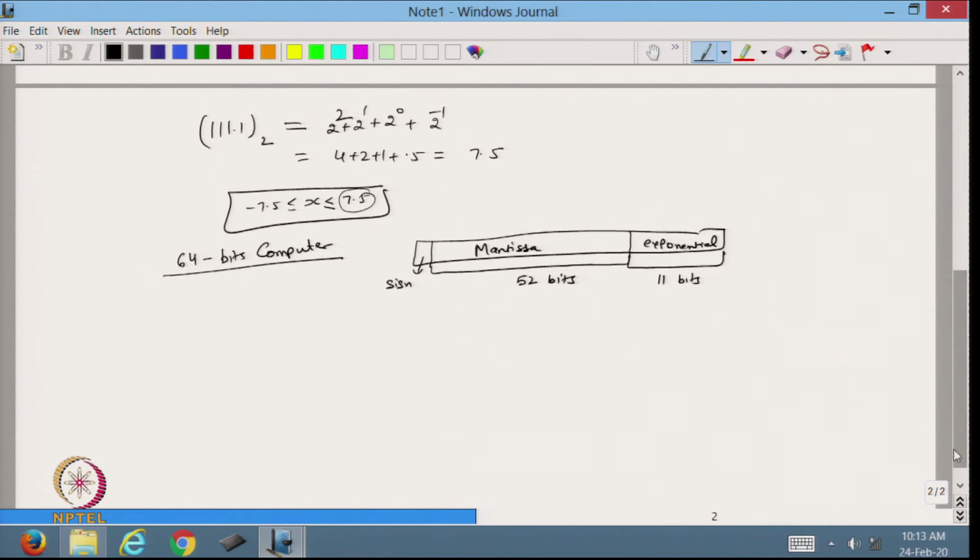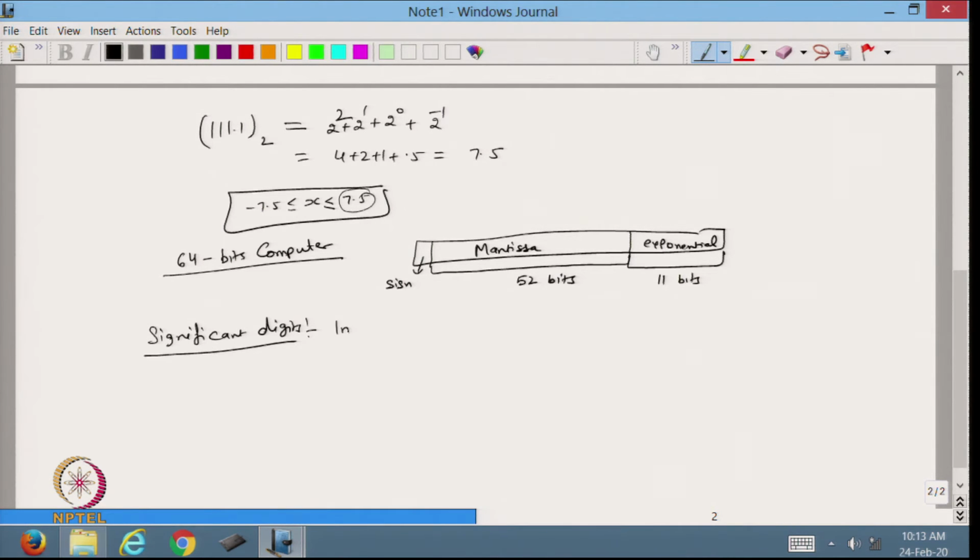Now, after doing this, we will define what a significant digit is.